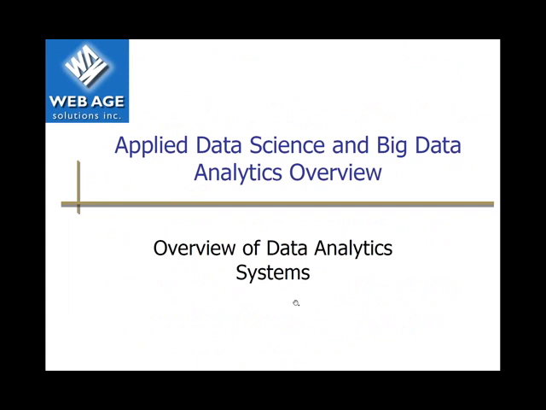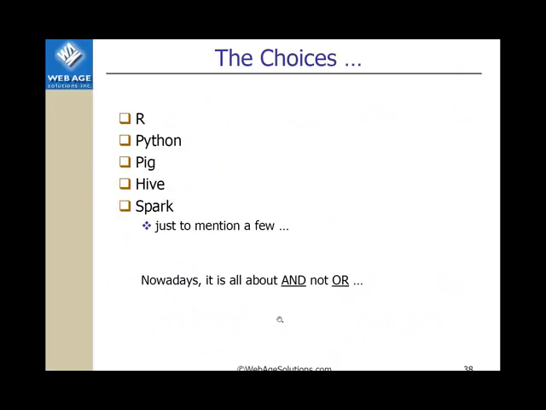So now let's take a look at those systems that are available for you to actually perform data analytics. You've got choices. You've got all those things listed here, just to mention a few. There is more. And that's a recurring theme I mentioned at the beginning of my presentation, that today we should be thinking in terms of "and", not "or".